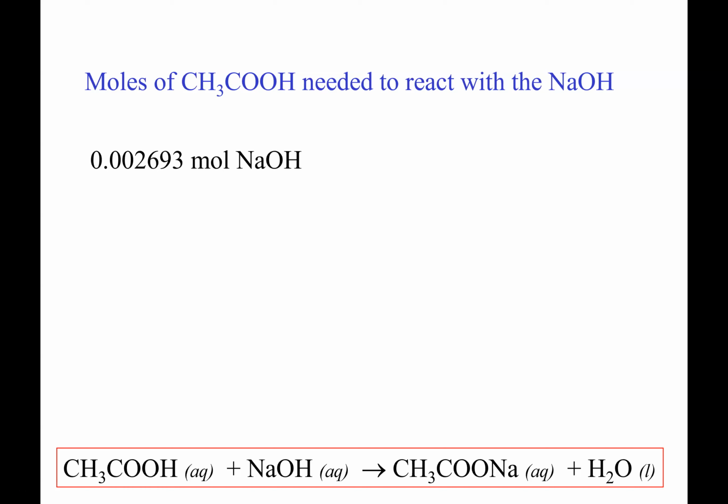0.002693 moles of NaOH. So I want moles of NaOH to cancel, and I want to be left with moles of CH3COOH. What does that look like? 1 mole of CH3COOH over 1 mole. Perfect. It's just the same. And sometimes students will say, well, now why don't you even have to write that? Well, you do, because prior to that, your units are moles of NaOH.